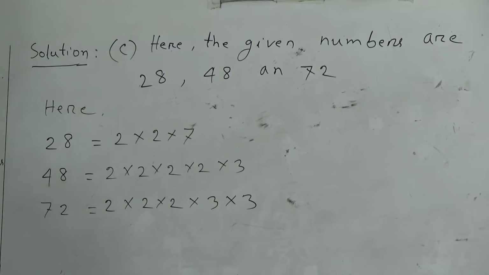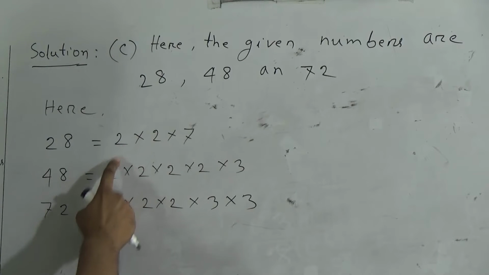Now we have to find out the greatest common divisor. Here common divisors are 2, 2, 2.